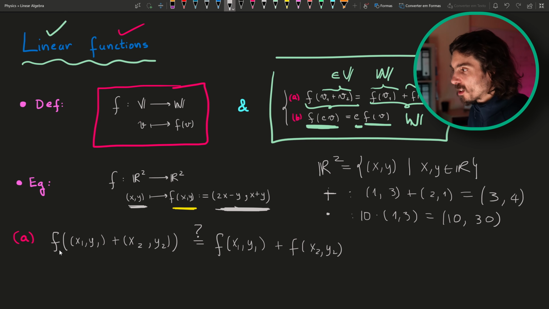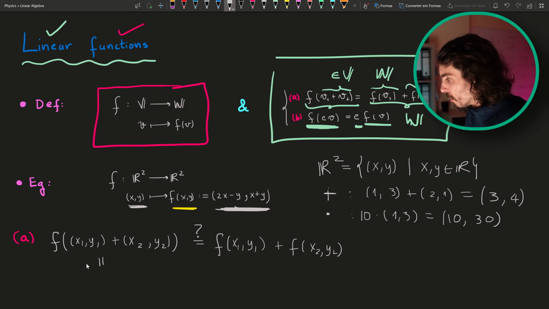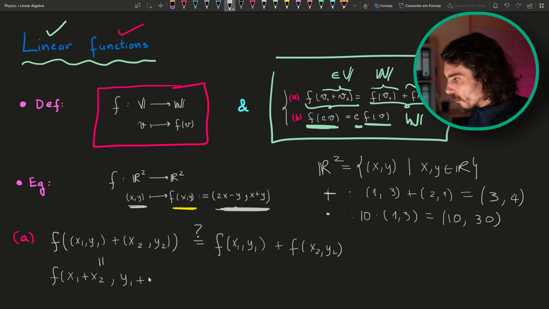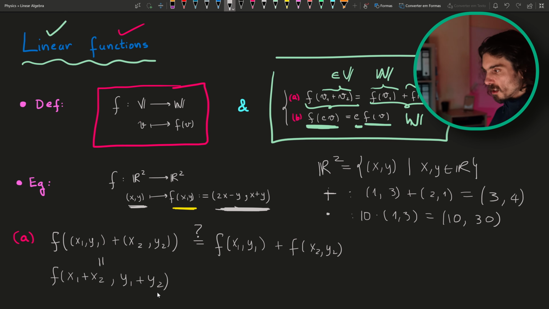We need to specify what we know about f. And the f(x, y) is the nickname, the abbreviation for this. So let's substitute this piece of information there. But before going to that, let me just write it like this: x1 plus x2, right? y1 plus y2. Can you see the idea?